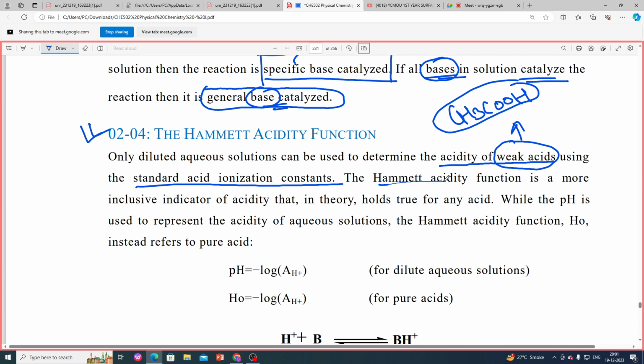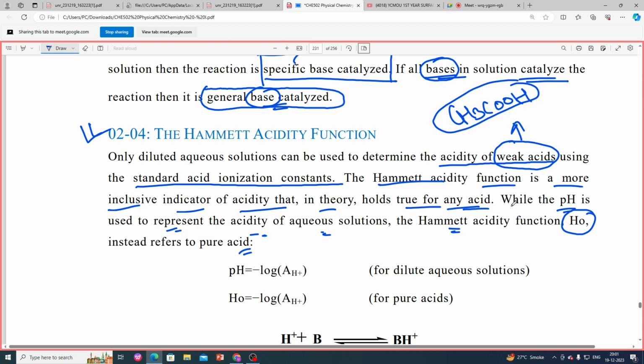The Hammett acidity function is a more inclusive indicator of acidity that in theory holds true for any acid. While pH is used to represent the acidity of an aqueous solution, the Hammett acidity function H0 instead refers to a pure acid.